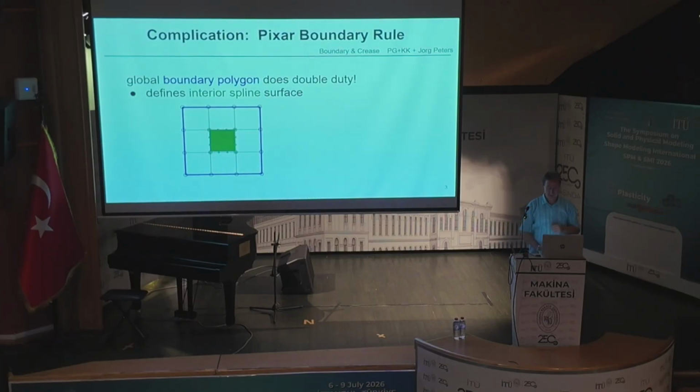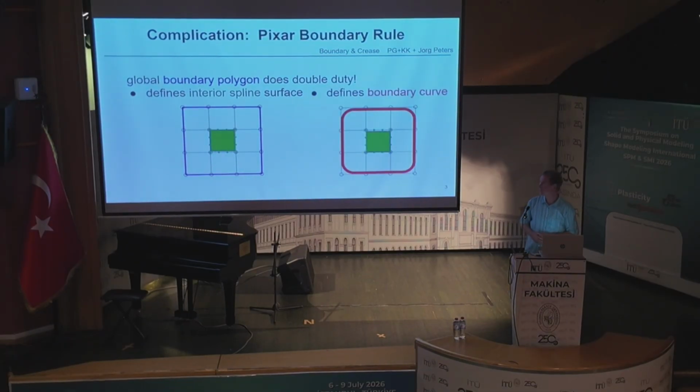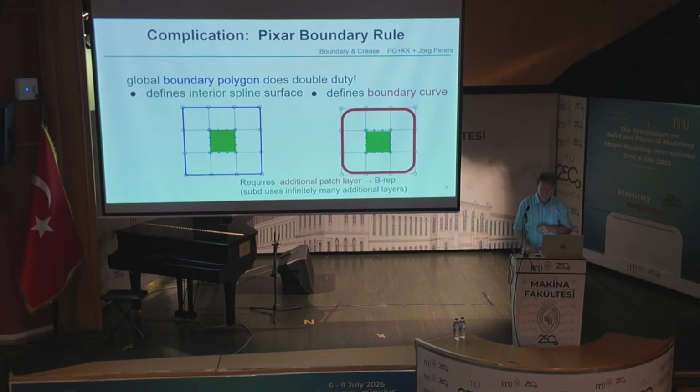What the Pixar rules say is not only does this global boundary polygon contribute to the surface, which obviously it does, you see here by cubic, but it has a second role. It also defines a boundary curve just by being the polygon. I'm not saying polyhedron, I'm saying polygon. The polygon also traces out a space curve, and they want this to be interpolated. So two roles for the global boundary polygon.